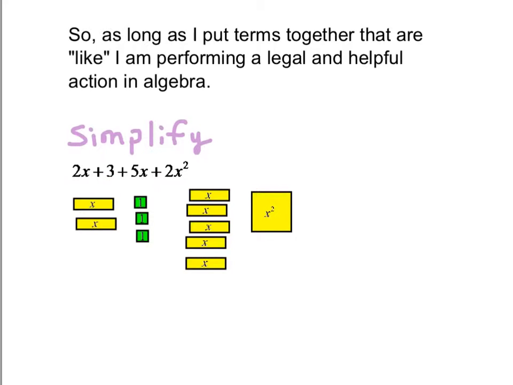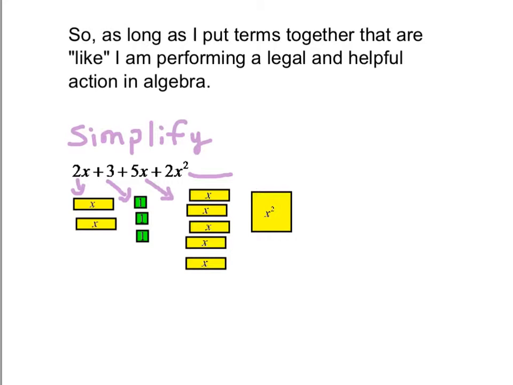Now, I've modeled with the manipulatives what I have up here above. This right here is the 2x, 2 of the x's. This is the 3 ones. This is the 5x, and this is, actually I need to add one more of these.